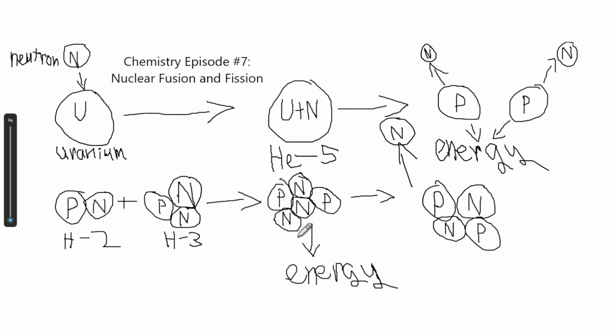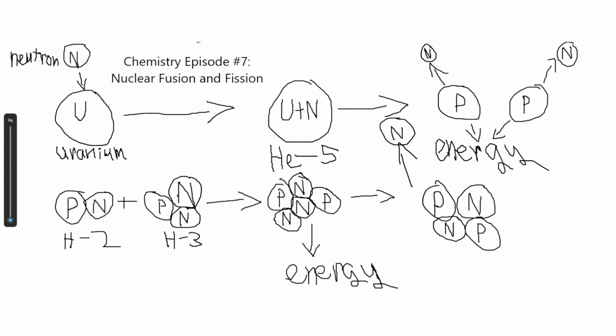And so this releases a lot of energy, right? In nuclear fission, the thing that releases a lot of energy is the isotope splitting apart. But in nuclear fusion, the thing that releases a lot of energy is two isotopes combining. But then this new isotope could be unstable, and so it releases a neutron, or just goes under a version of radioactive decay that we covered in last episode.